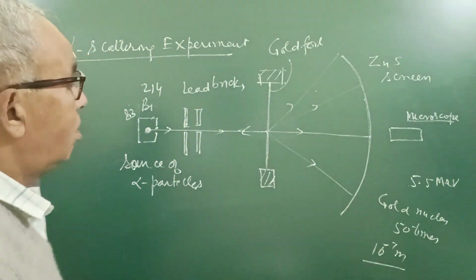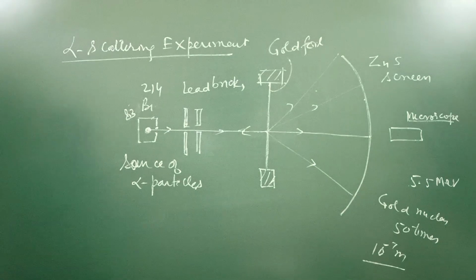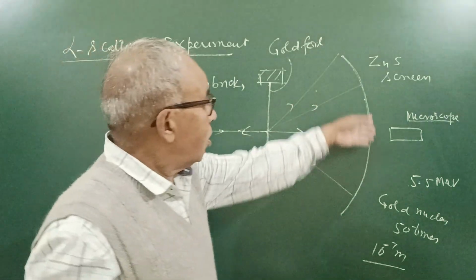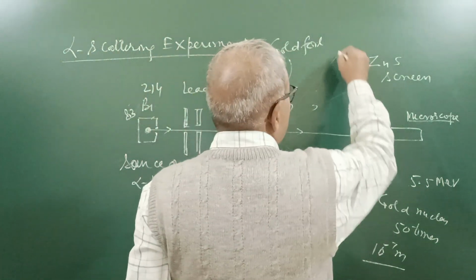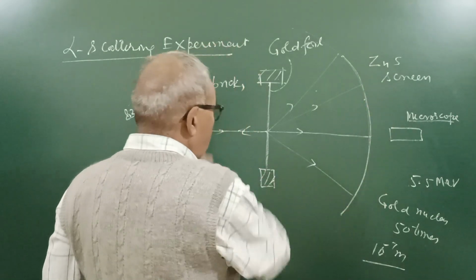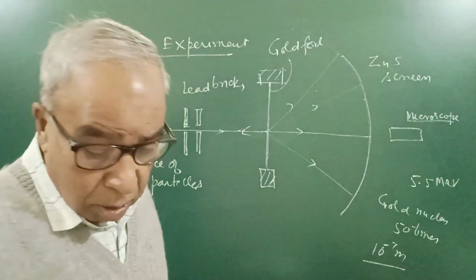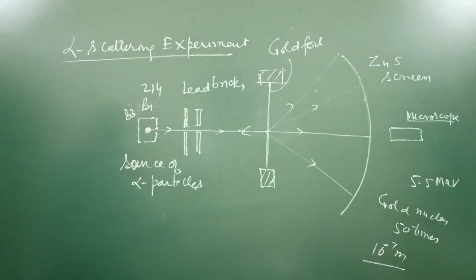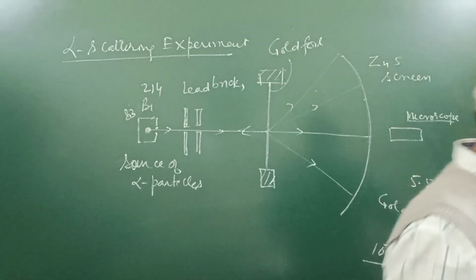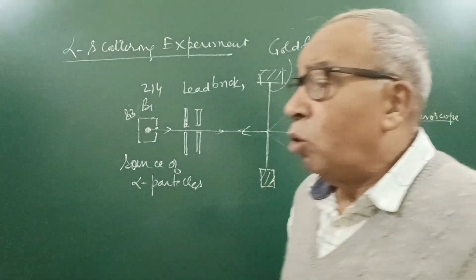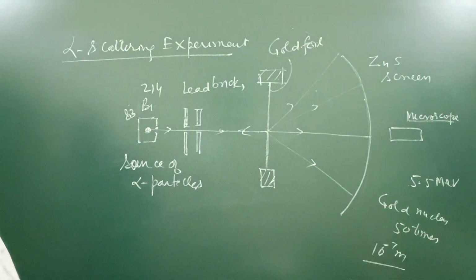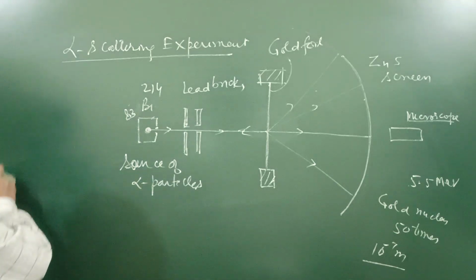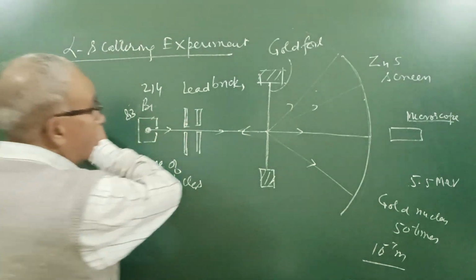Mass number is the sum of protons and neutrons. So these scintillations were observed around it. Not telling in detail, you can read the book. Now I will mainly focus on the results of the alpha particle experiment. So I think the diagram is clear.